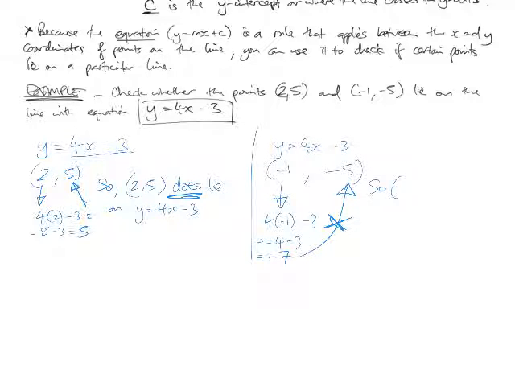So (-1, -5) does not lie on y is equal to 4x take 3, because it doesn't follow the rule connecting x and y, which is 4 times the x take 3. So hopefully that helps you out with understanding what the equation of a line does, and then how to use it to find where points lie on the line, and I'll see you on the next video.